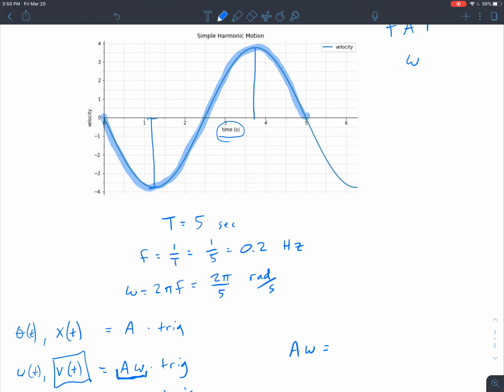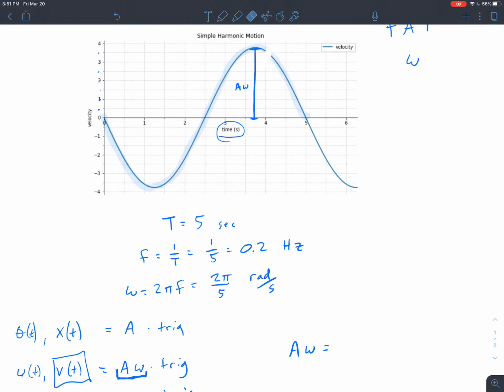However, it's a velocity graph, so this distance from there to here is actually A omega. If it would be an acceleration graph, it would be A omega squared. And so these minor ticks are at distance of 0.5. So this 0.5, 1, 1.5, 2, 2.5, 3, 3.5.